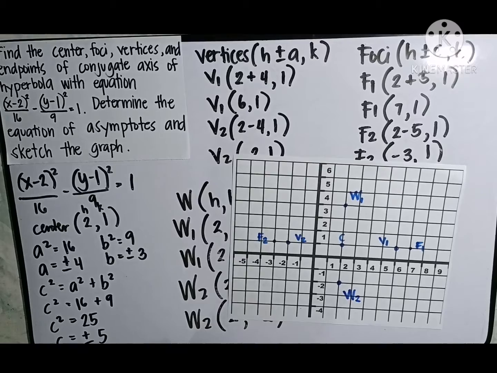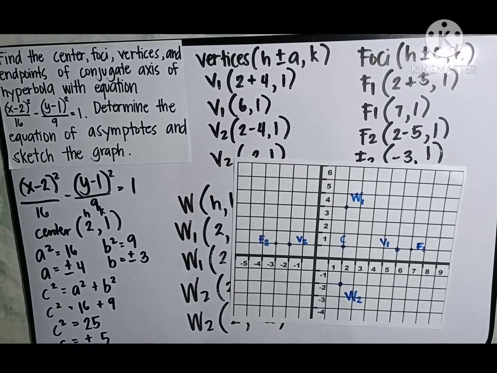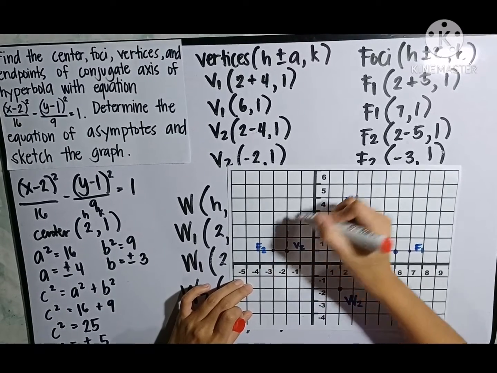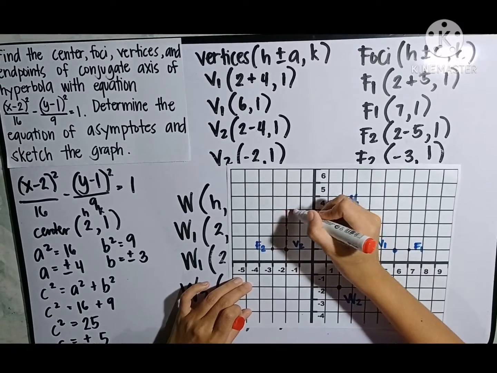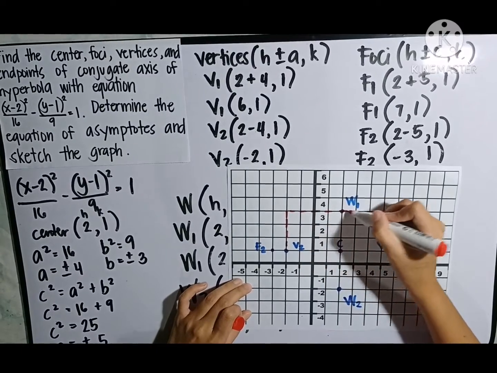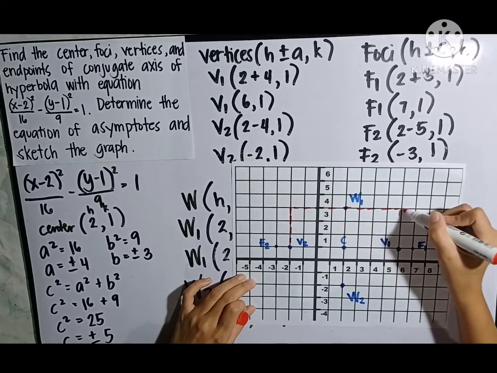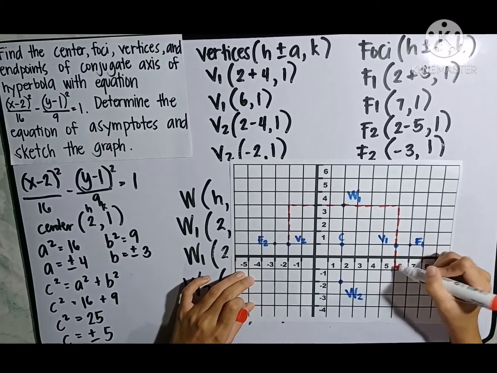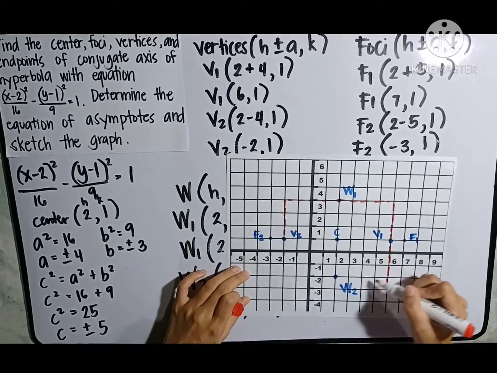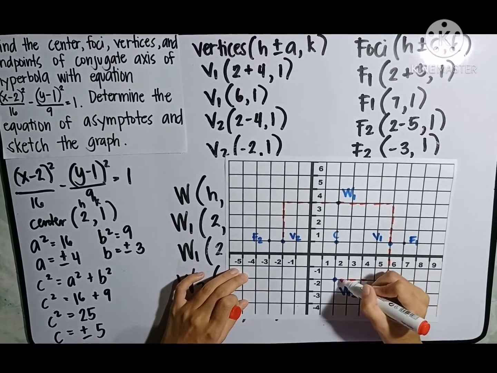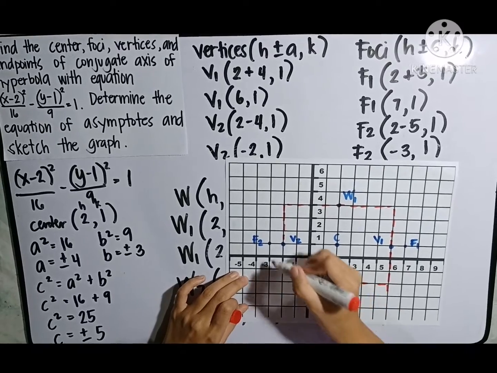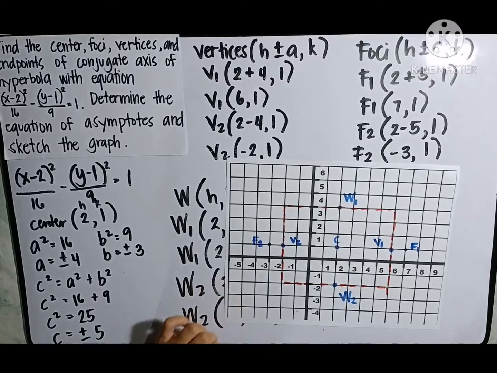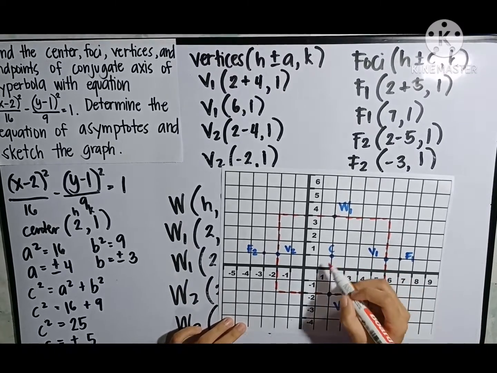Let us make a square to point out our hyperbola, a square that will pass through the points of W1, W2, and the vertices. Now let us put some diagonals.